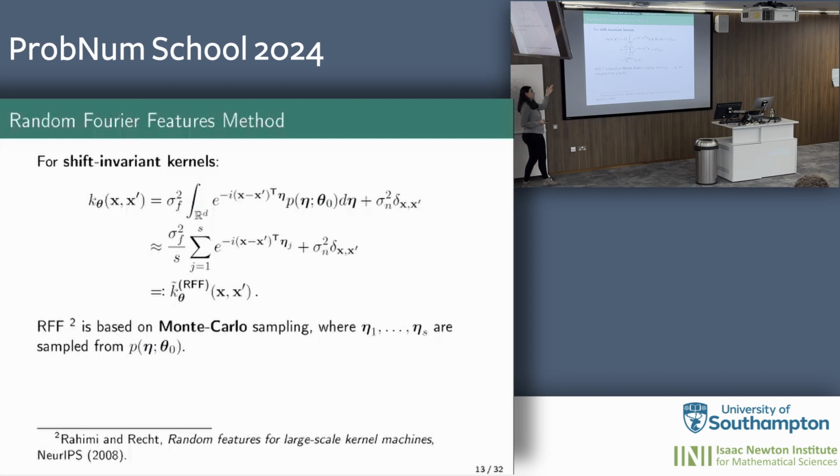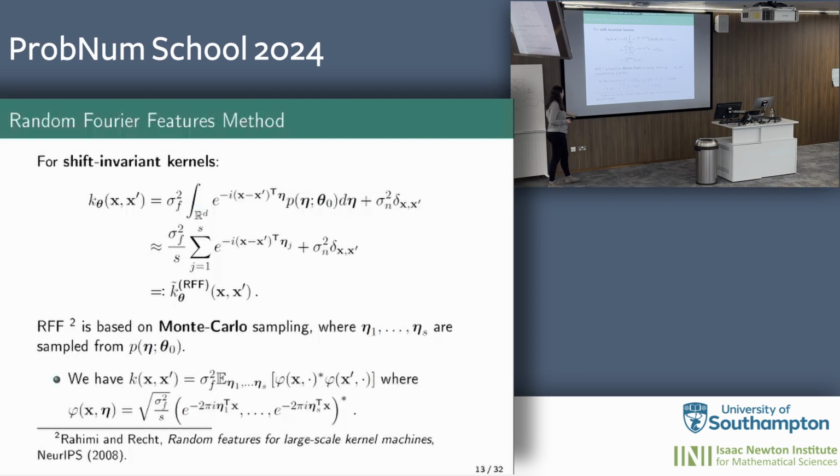It's called random Fourier features, and it was basically one of the motivations for this work. All they do here is look at this integral, consider it for shift invariant kernels, and do Monte Carlo. That's the approximation. It's very simple, right? It can be used for high dimensions. It's a very direct method.